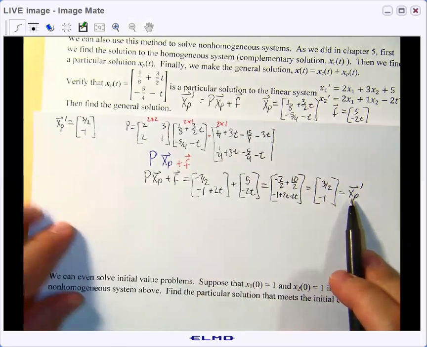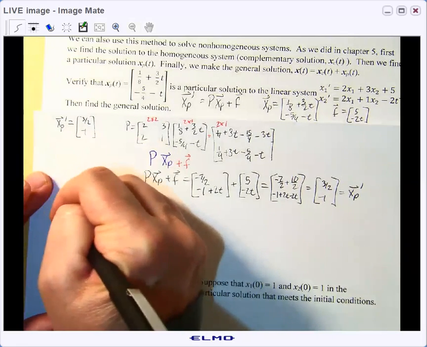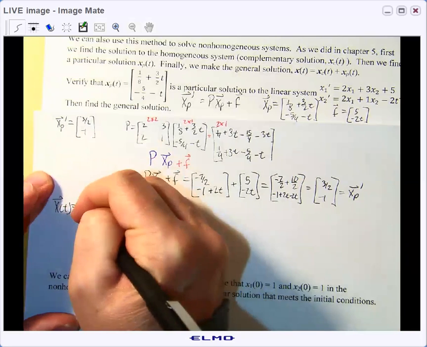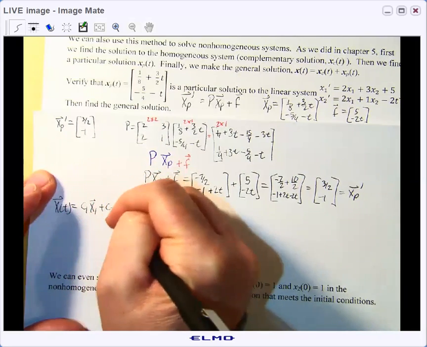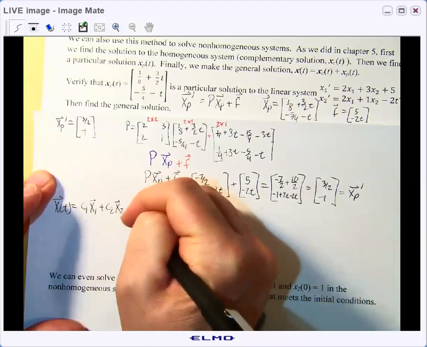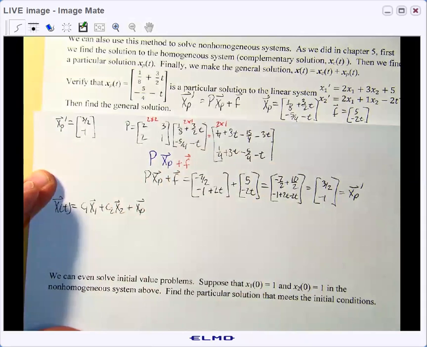Okay. So now what we're going to do is make the general solution. Our overall solution here is c1 times the x1 vector plus c2 times the x2 vector plus x sub p vector, the particular solution part.